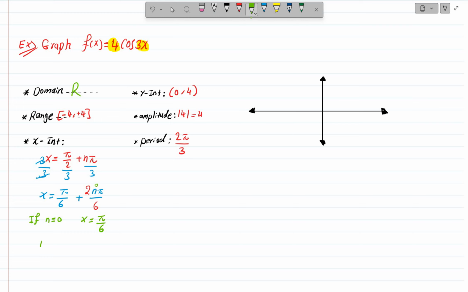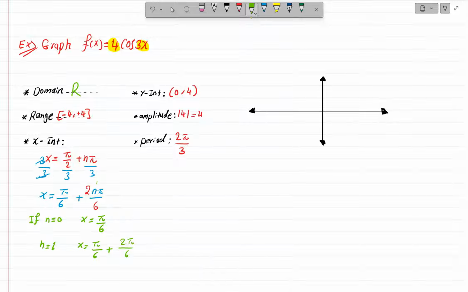Second one, when n equals 1, x equals pi over 6 plus 2 times pi over 6, so 2 pi over 6, right?